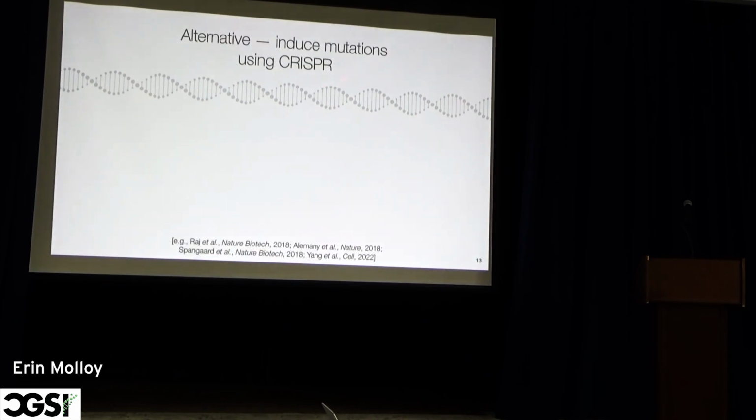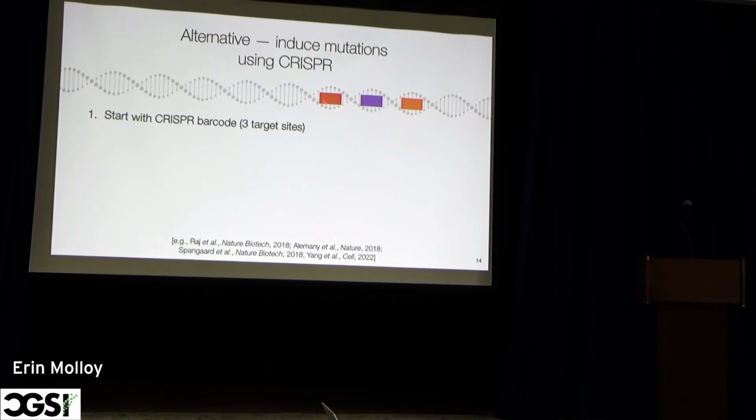And so in recent years, there's been this really amazing work to use CRISPR technology to induce mutations that can be used to reconstruct cell lineage trees. Okay, and so I'll just give you the high-level idea here. The idea is that you're going to introduce CRISPR barcodes into the DNA of cells.